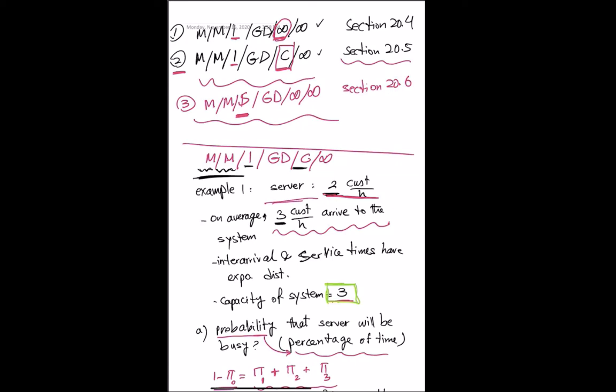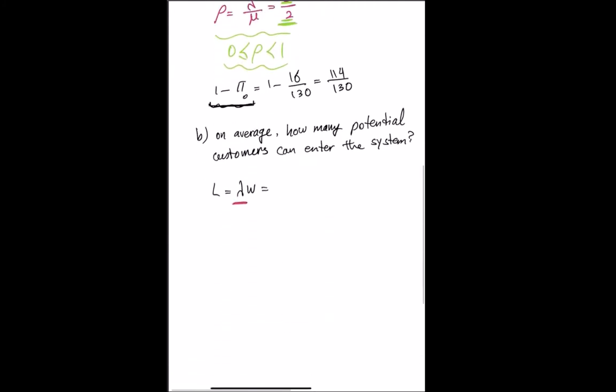Not everyone who arrives can necessarily enter the system. The lambda that is used in all the formulas we have set so far is the rate of entrance to the system.